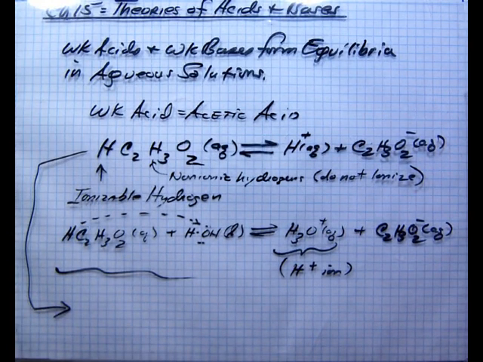Okay, so in this analysis, we'll still be looking at the extent of the reaction and trying to define it in terms of an ionization constant or an equilibrium constant.